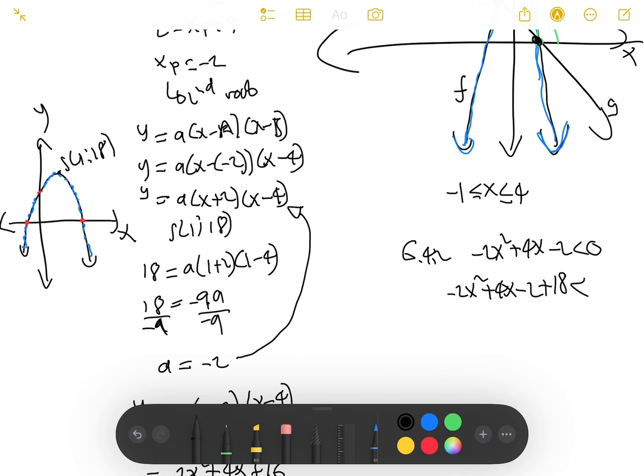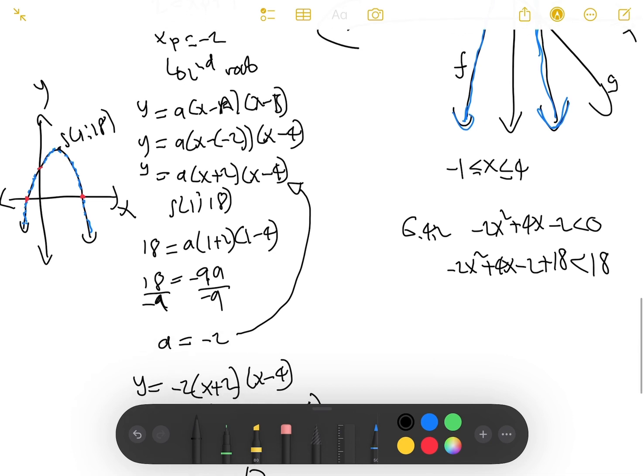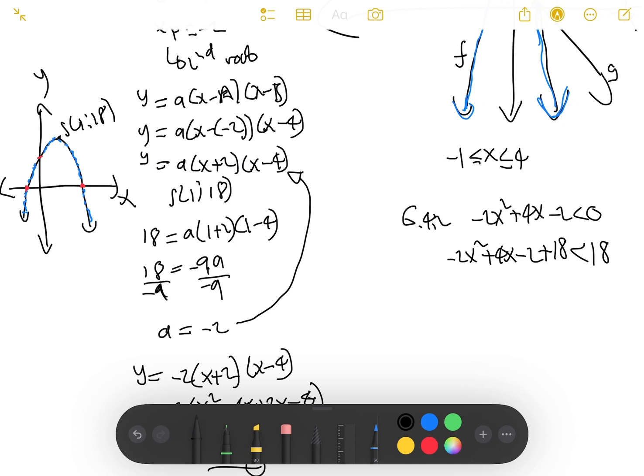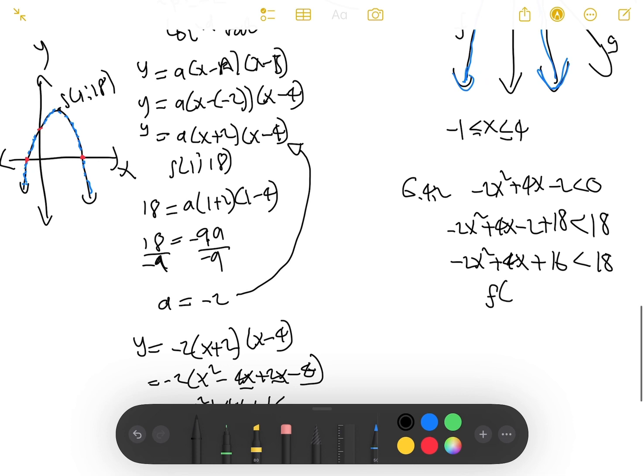And then since we introduce 18, we're gonna also subtract 18, right? So 18 cancels out, didn't change the equation. So here we end up with -2x squared plus 4x plus 16 being less than 18, right? So this is basically f of x, remember, less than 18.